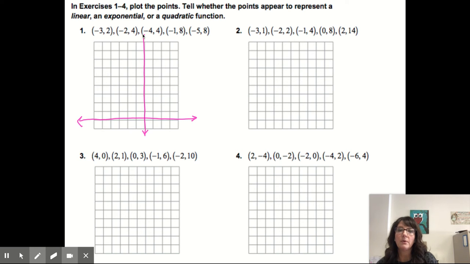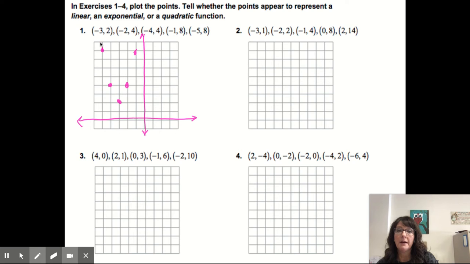Okay, so you will be plotting the points. So 1, 2, 3, 1, 2, -2, 1, 2, 1, 2, 3, 4, -4, 1, 2, 3, 4, and up to 4 again, -1 and 8, so 4, 5, 6, 7, 8, and -5 and 8.